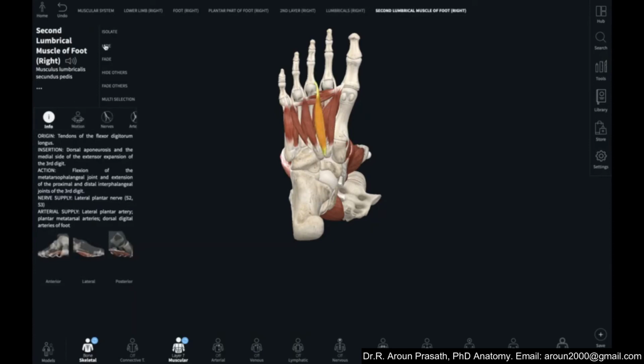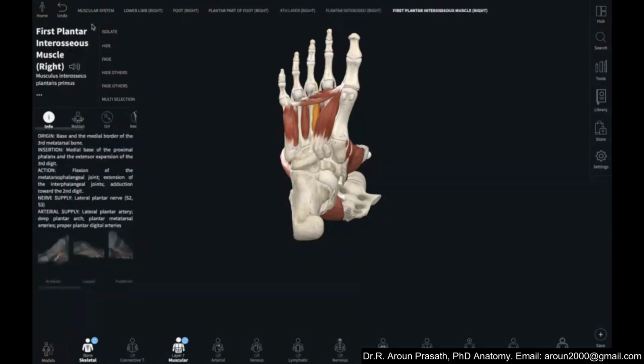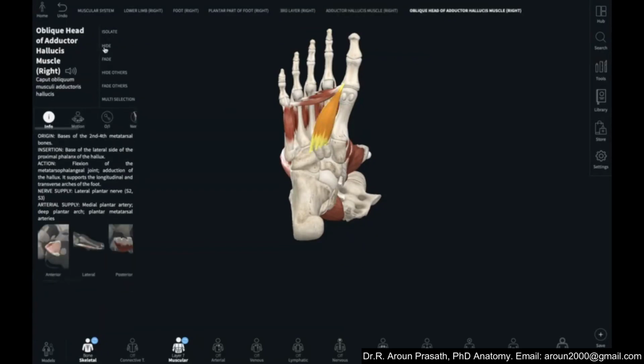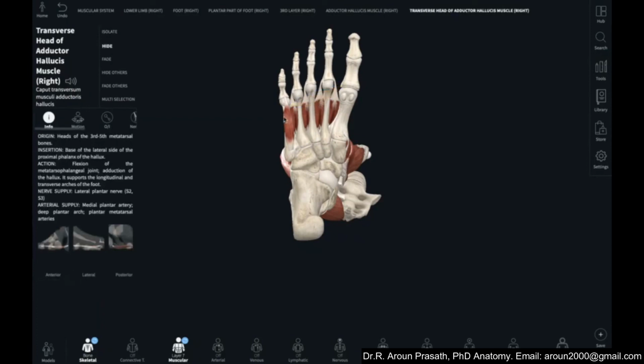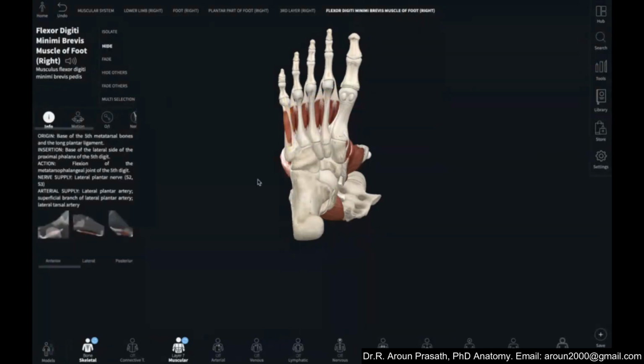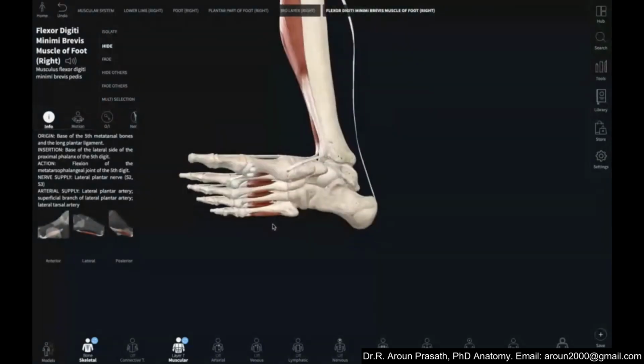Lumbricals are attached to the bone and support the tendon to give stability. This is the interosseous muscle that is present between the metatarsals.